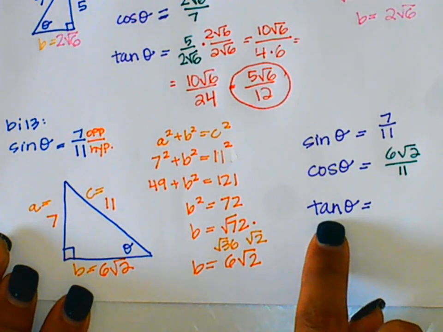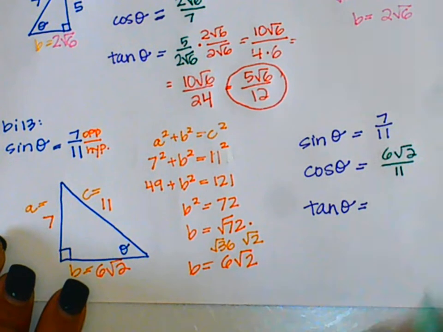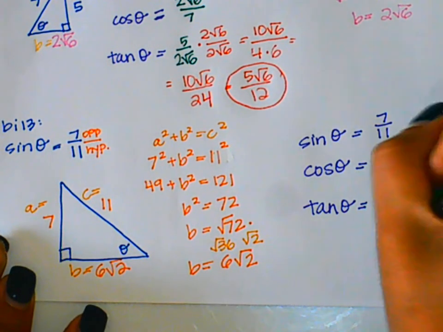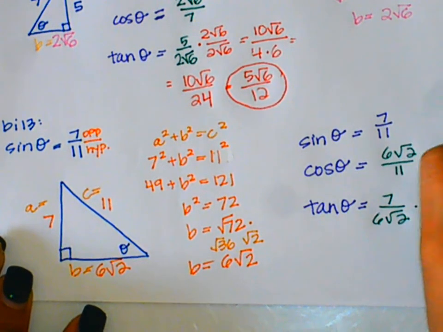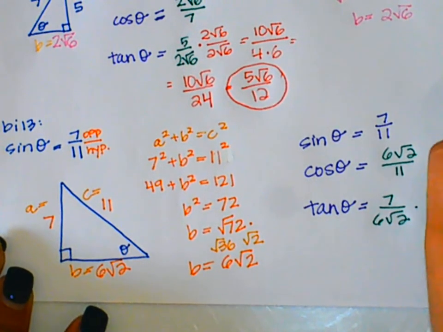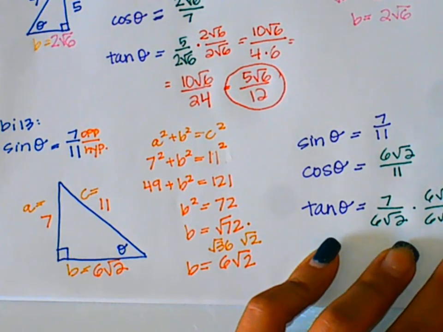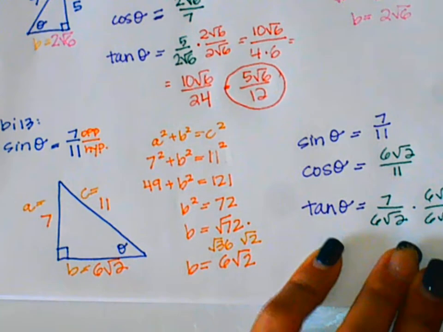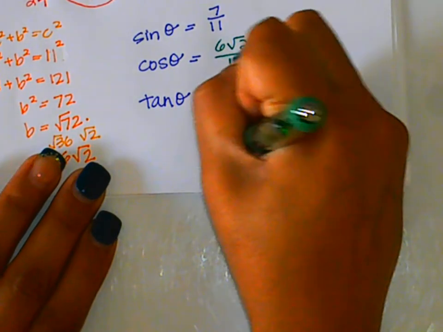And then the tangent is the opposite over the adjacent, the TOA, opposite adjacent. So 7 over 6 radical 2. Again, we can't have the radical in the denominator. 42 radical 2 over 72. So then you could simplify that. Let me move it up. You can simplify this.